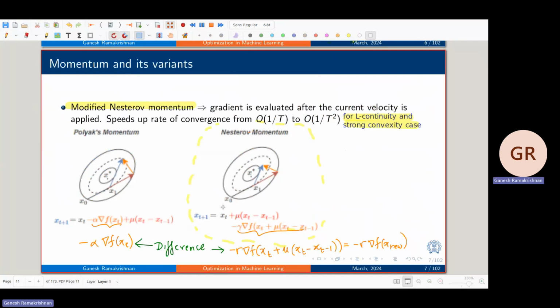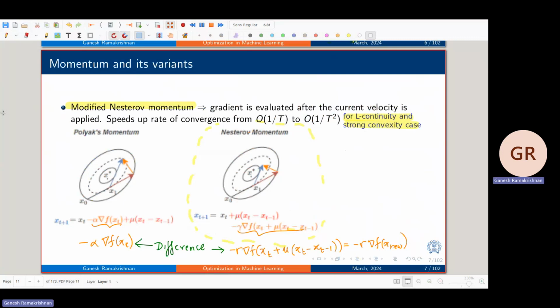What can we do with respect to the Nesterov momentum? How fast can Nesterov momentum converge? Let's get a little bit more insight. Obviously, we're not going to discuss convergence properties; I'll give them as additional statements.